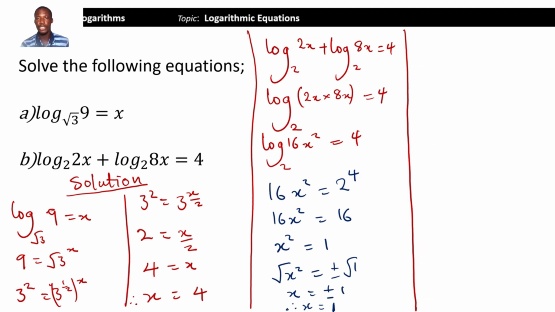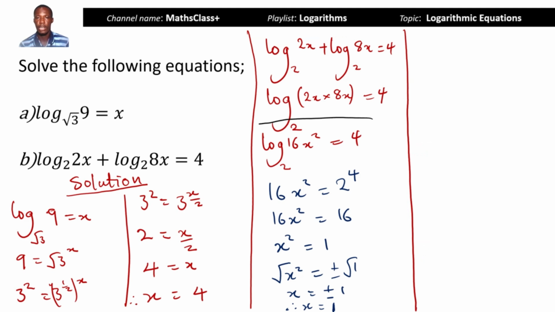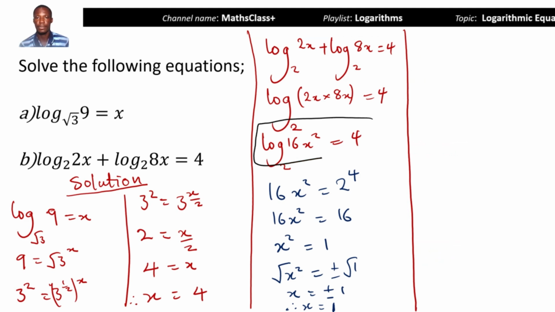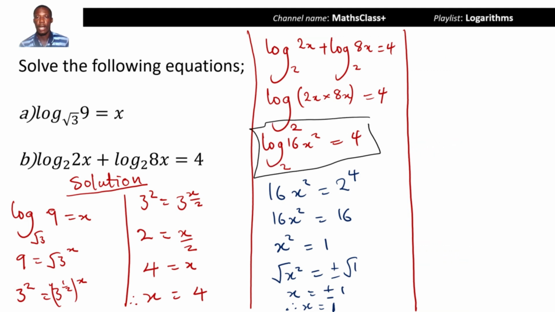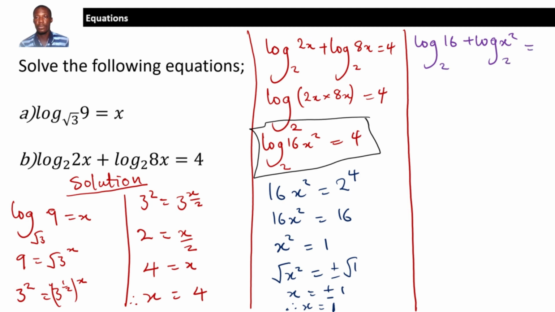Then the second approach. So from here, from where I got this, what I will do is to rewrite the expression as log 16 plus log x squared all to the base 2 is equal to 4.